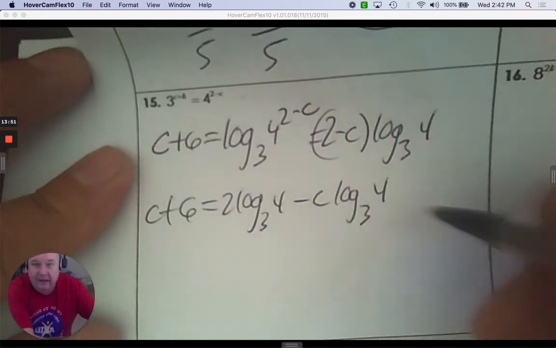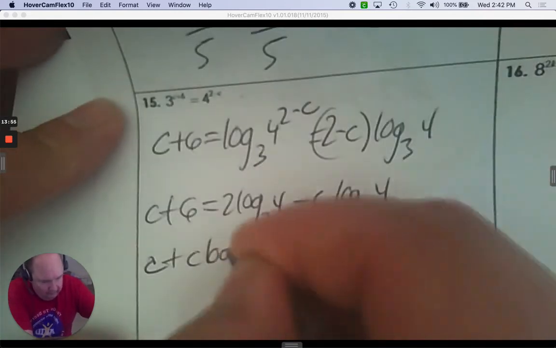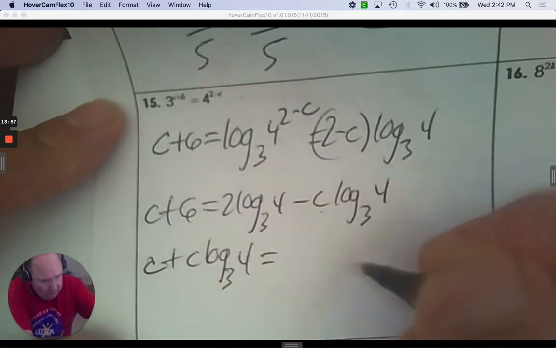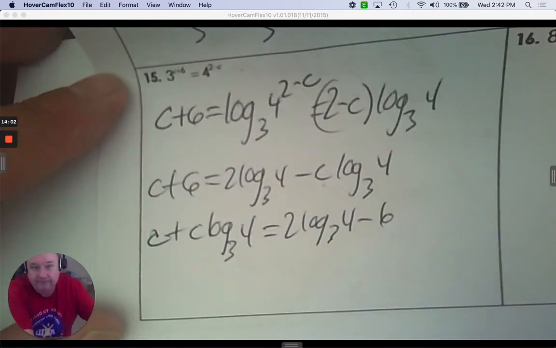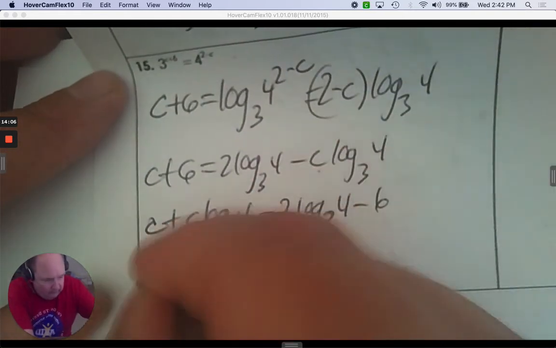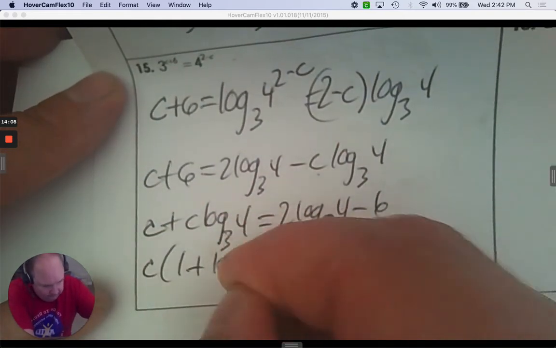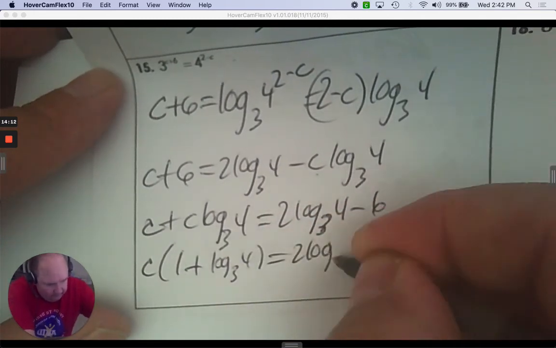And then you're going to gather the c's together. So we're going to add c with log. I'm going to subtract 6. And then factor out a c. And then divide.